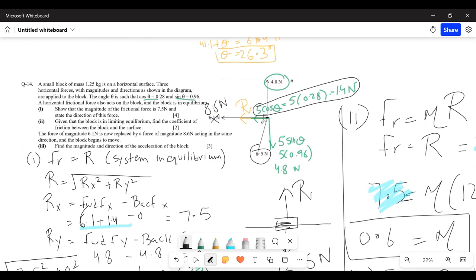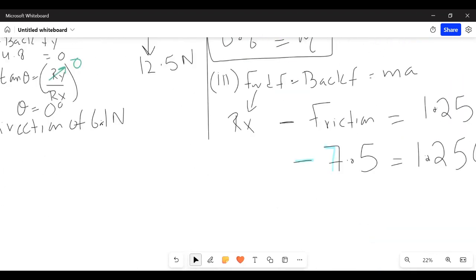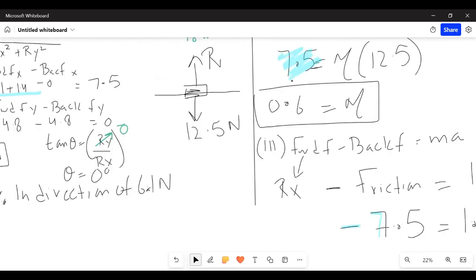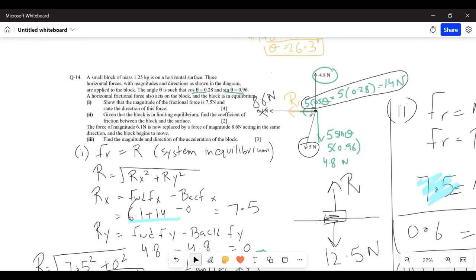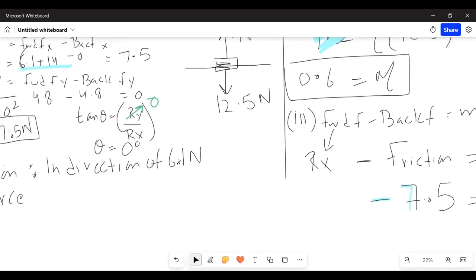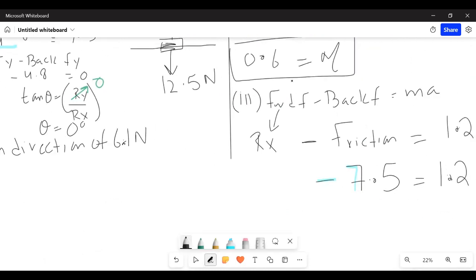और अगेन वाई फोर्स जीरो है, क्योंकि अप डायरेक्शन में भी 4.8 न्यूटन है और डाउन डायरेक्शन में भी 4.8 न्यूटन है, तो हमें आर वाई की जरूरत ही नहीं है, वो जीरो है. सो आर एक्स इज क्या थी, 8.6 and 1.4 added. 8.6 plus 1.4. Okay.